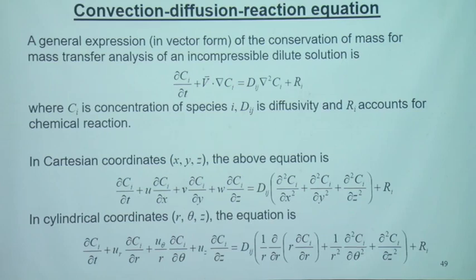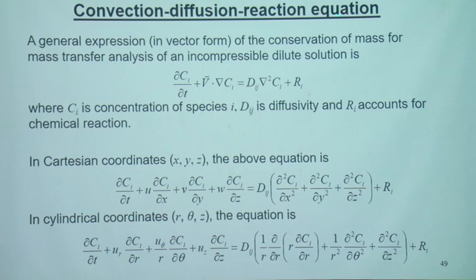The basic fundamental equation to describe mass transport is the convection-diffusion-reaction equation. This is a general equation. You can see that we have the convective term here, the diffusion term, and we can also account for a reaction term. This is relevant when we talk about, for example, oxygen transport in tissues, because oxygen is consumed by cells, so there is a reaction or consumption term here.